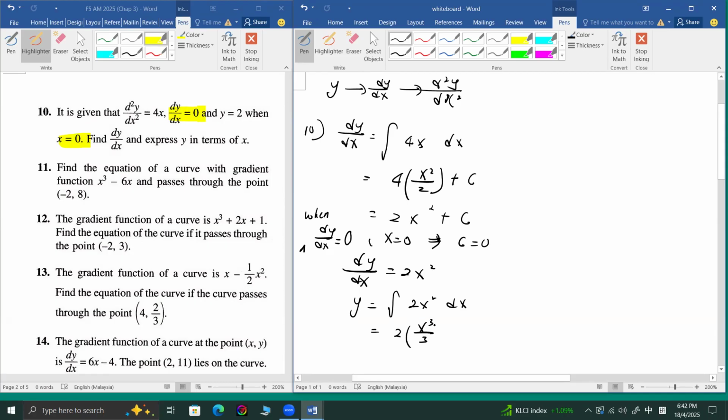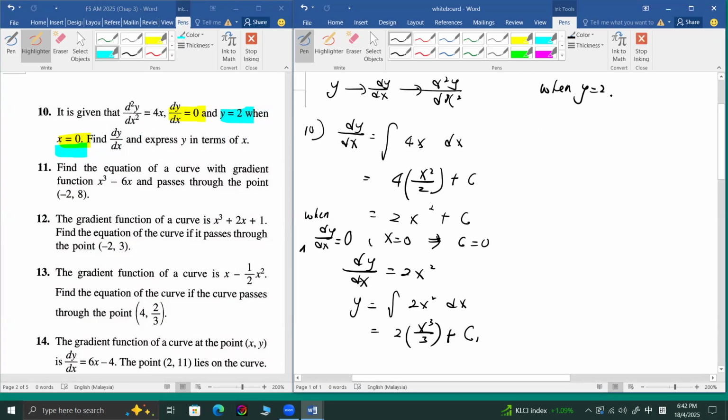So I get 2x cubed over 3. Because this is the same question, I can't use the same c here. So maybe you write down c1 here and c2 here. Okay, back here, can you see? y is 2 when x is 0.